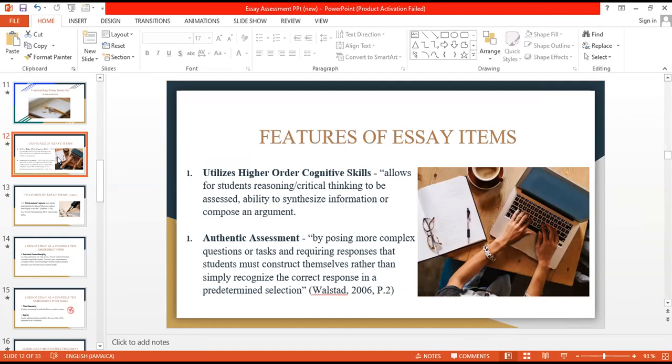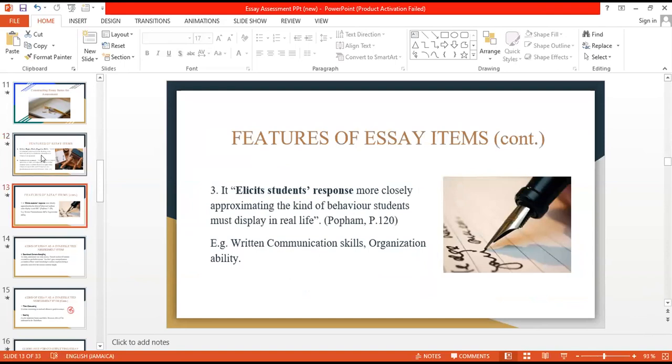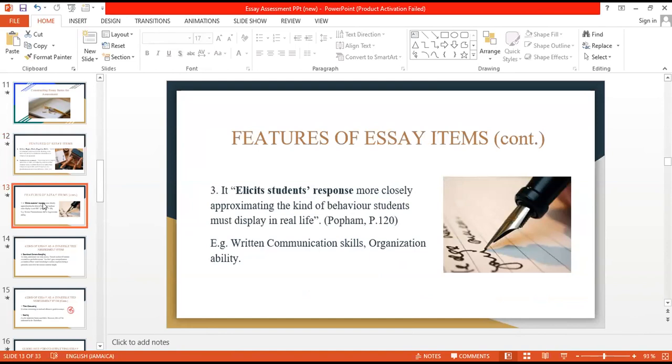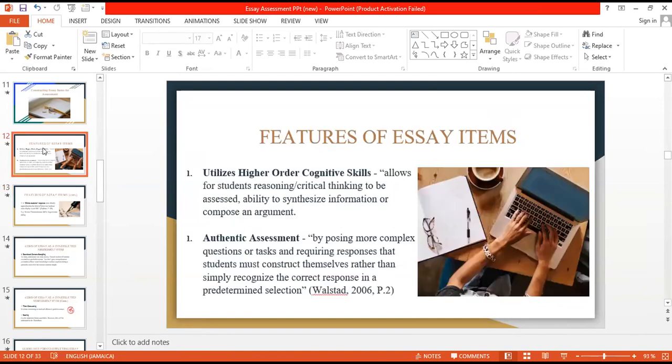Now, what is an authentic assessment? By posing more complex questions or tasks and requiring responses that students must construct themselves rather than simply recognize the correct response in a predetermined selection. That was by Wallstad, 2006. So an authentic assessment allows for the students, instead of, when we're looking at multiple choice, for example, seeing possible options that could be the correct answers.